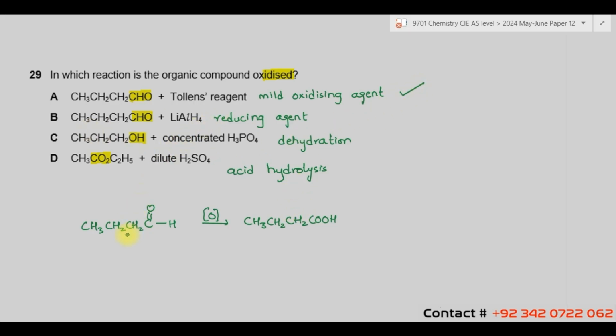Second part is again aldehyde. But this time it will be reduced with LiAlH4 to become primary alcohol.